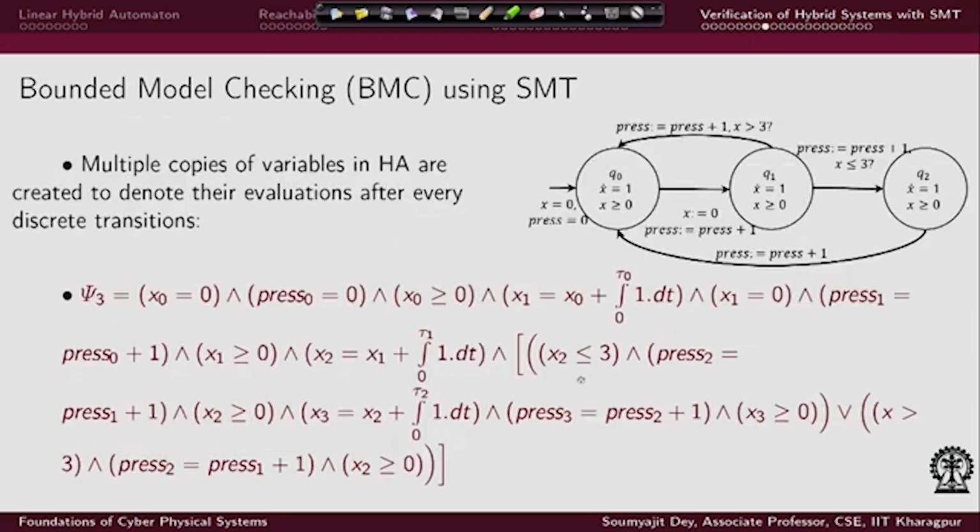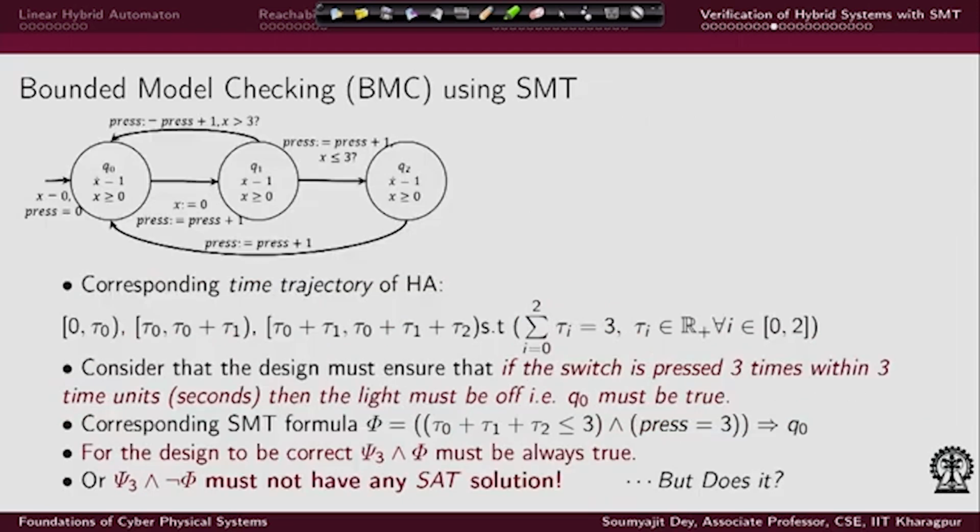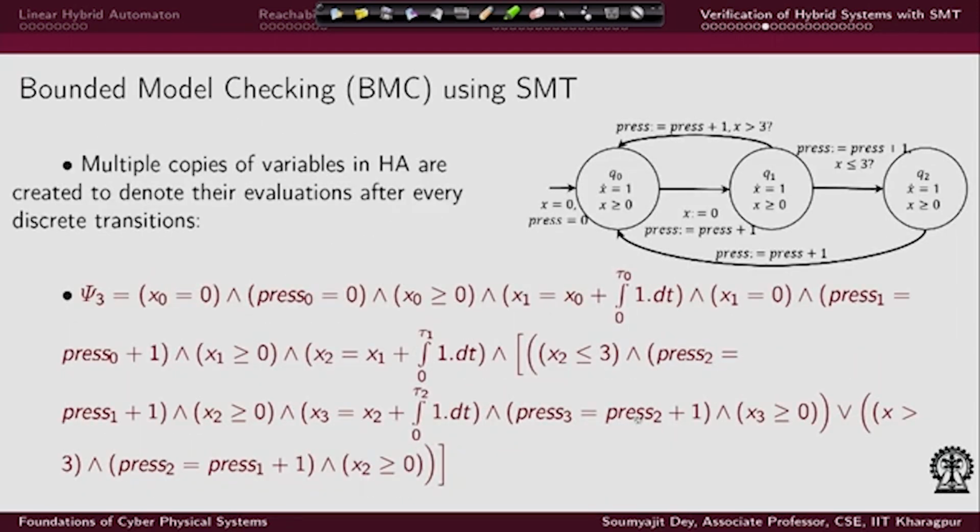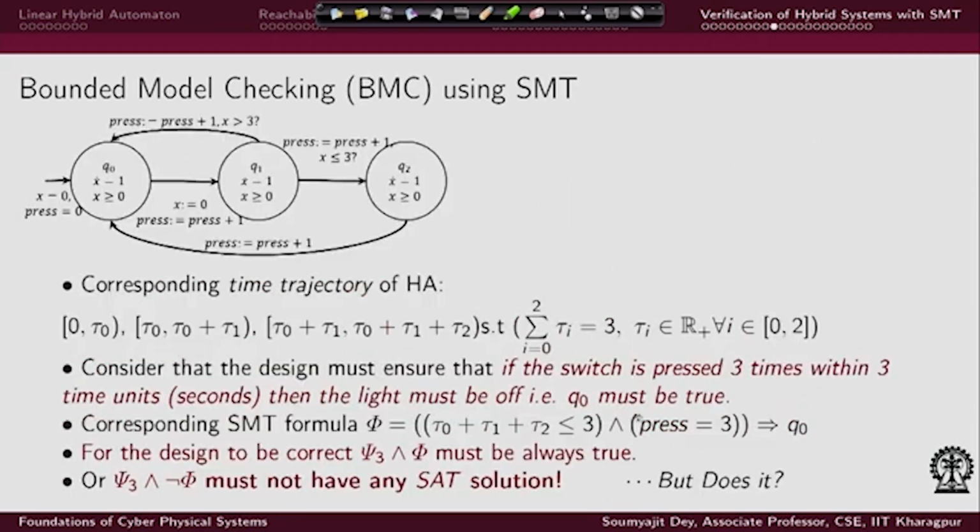So, this is the formula which is capturing the evolution of the system over 3 transitions. Now, because 3 transitions will give me 3 consecutive press events, I want to know whether it is possible that if these 3 press events happen inside 3 time units, then the light must be off. Light must be off means I reach here. So, this is the corresponding formula which I want to be true.